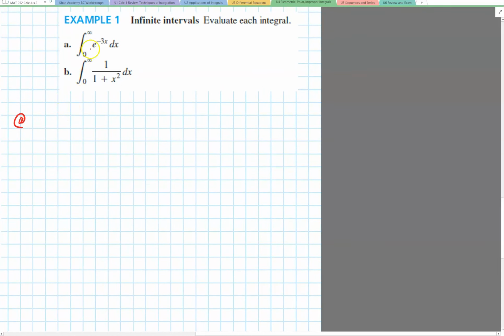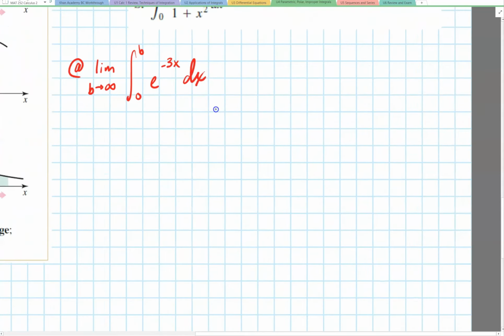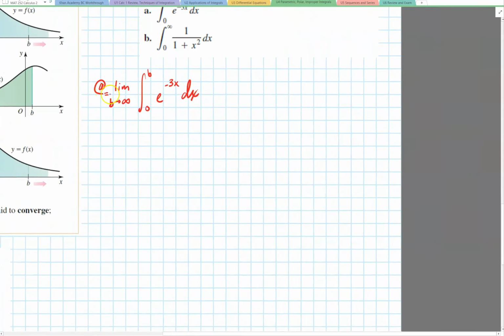Question A. The result for question A is going to be the result of the limit as b approaches infinity of the integral from 0 to b, e to the negative 3x dx. Well, this limit would be equal to the limit as b approaches infinity of the result of this integral.